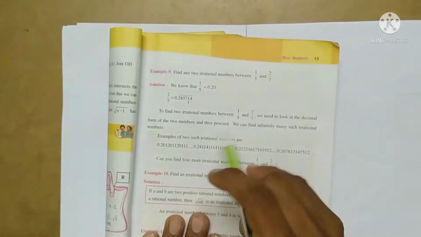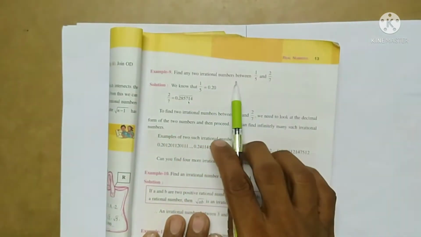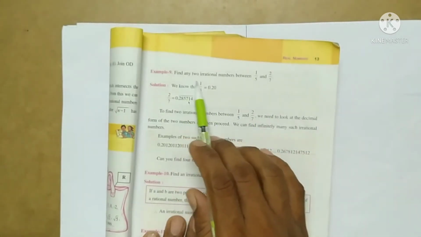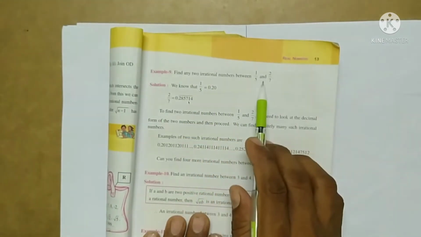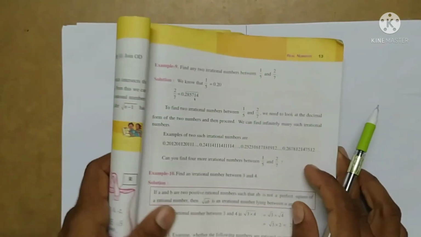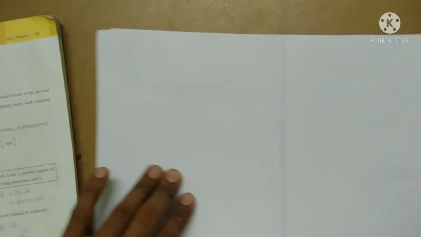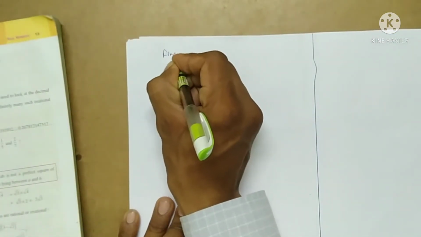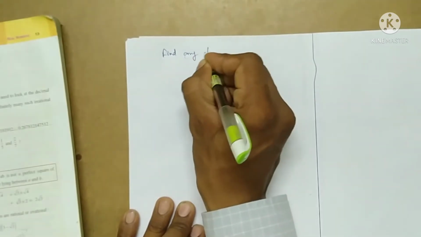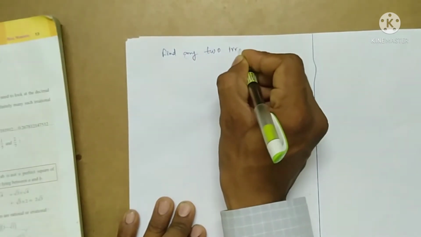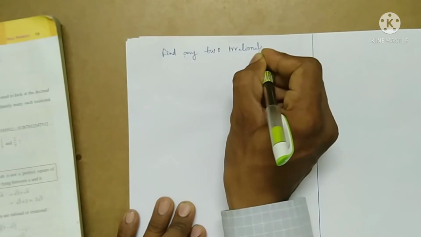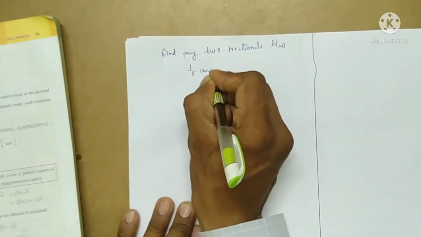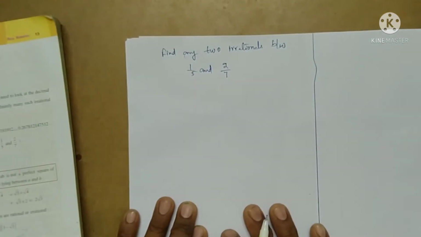Next question, find any two irrational numbers between 1/5 and 2/7.